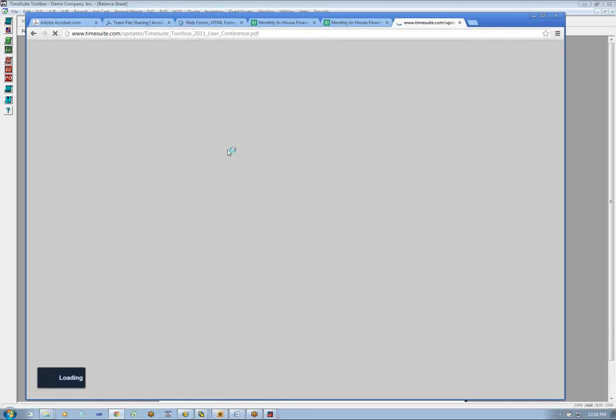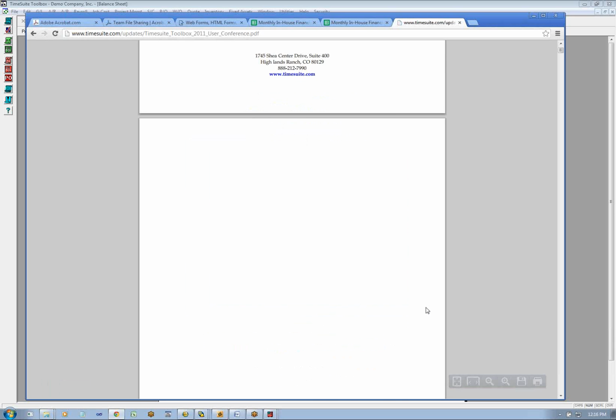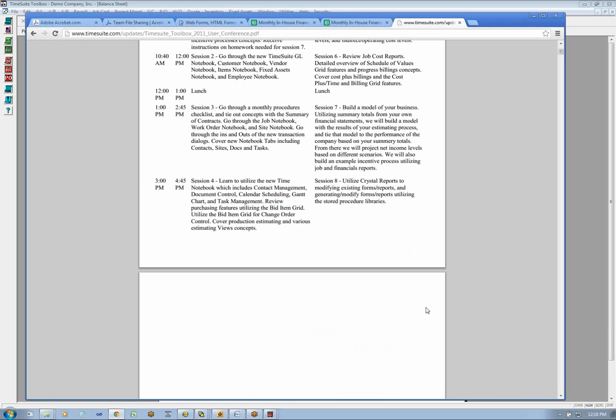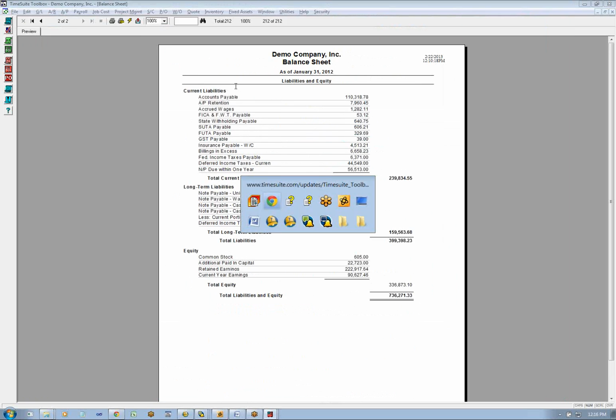We have the 2012, by the way, too. I'm not sure why we haven't put it on this website. In 2012, this becomes our TimeSuite Toolbox user guide. We changed it from conference to guide, so it actually becomes our manual. There's some sample sets of work papers and stuff like that in here, and you can search for it, that kind of thing.